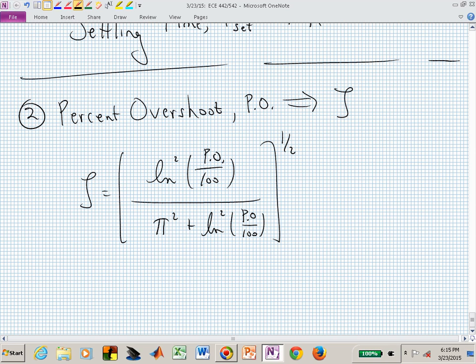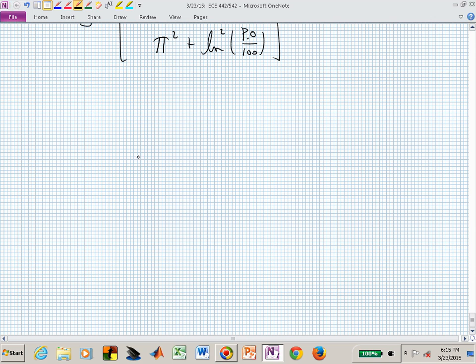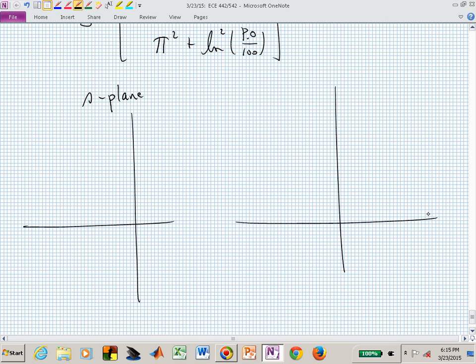But now what does that look like in this z-plane? Let's see if we can make sense of constant zeta values. Here is our S-plane, and here is our z-plane.